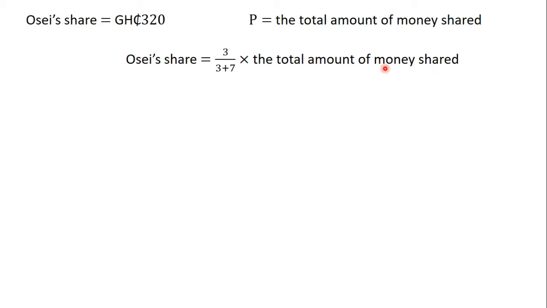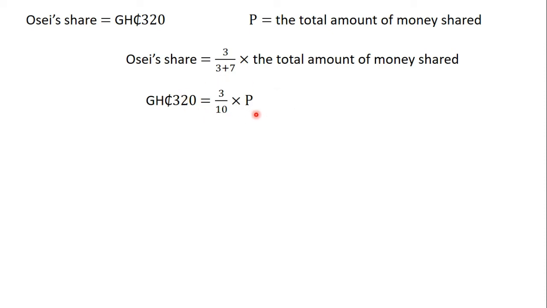Osei's share is 320 Ghana cedis, so we can replace Osei's share with 320. 3 plus 7 is 10, so you have 3 divided by 10, times the total amount of money shared, which is now P. So we have 320 Ghana cedis equal to 3 divided by 10 times P.